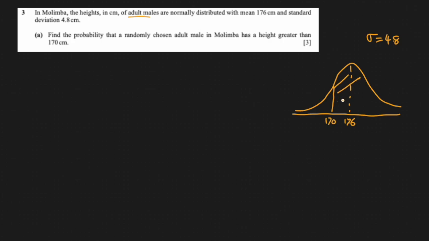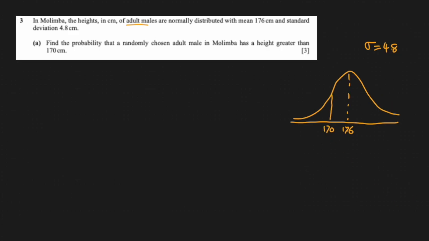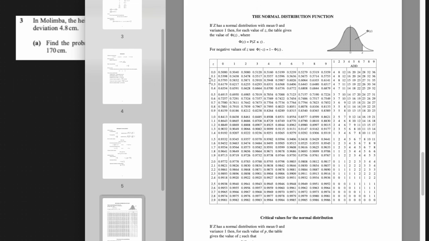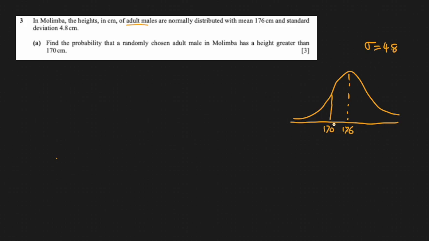This is what we need to find, greater than 170, which is difficult with the table we use in exams. The table will give us something else. Because we want greater than, and this is a negative Z score, let me show you the formula sheet. There is no negative Z score in this. So we will find its opposite.